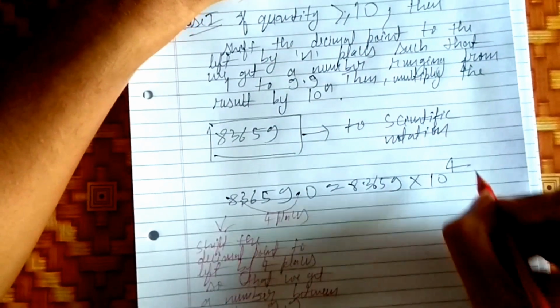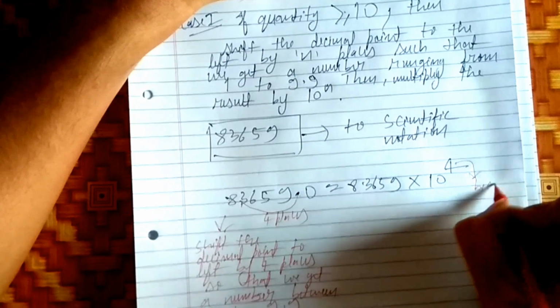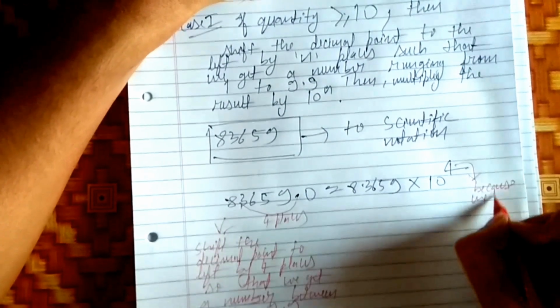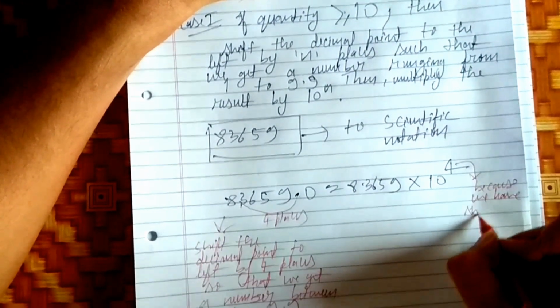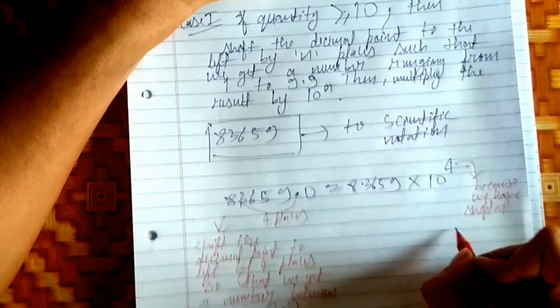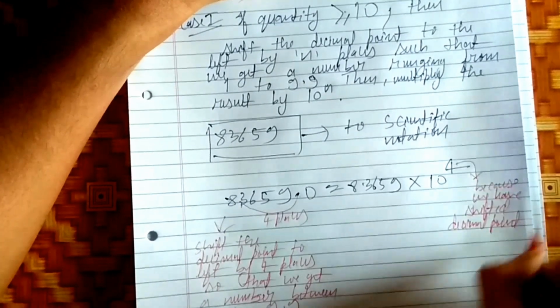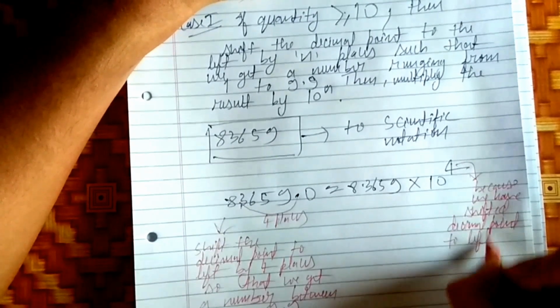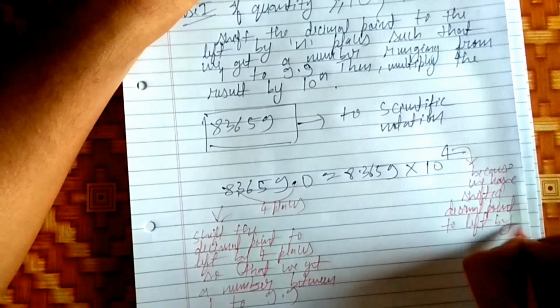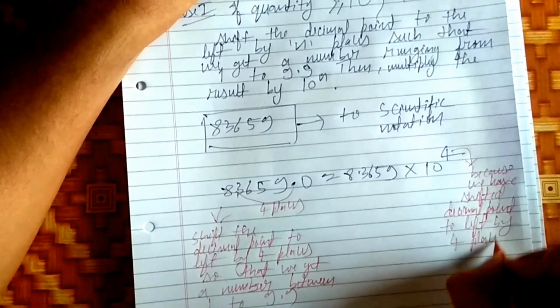Why have we multiplied by 10 to the power 4? Because we have shifted the decimal point to the left by 4 places. No problem at all.